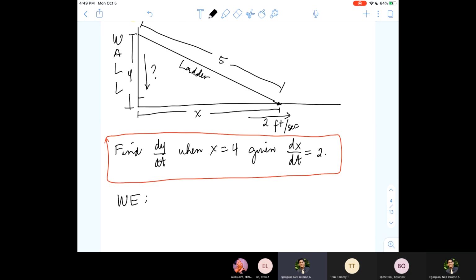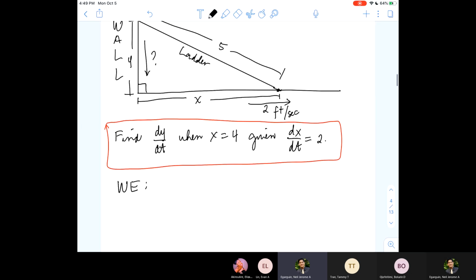We have a right triangle, right? Actually, it's a fair assumption that the wall is a straight wall, or that it is perpendicular to the ground. So here we have a right triangle with x, y, and luckily the hypotenuse. So I guess it screams Pythagorean theorem, right? So I'm thinking that the working equation should be x squared plus y squared equals what?